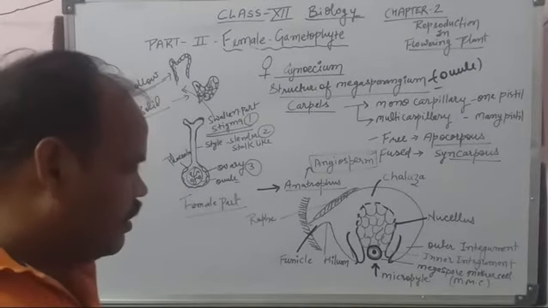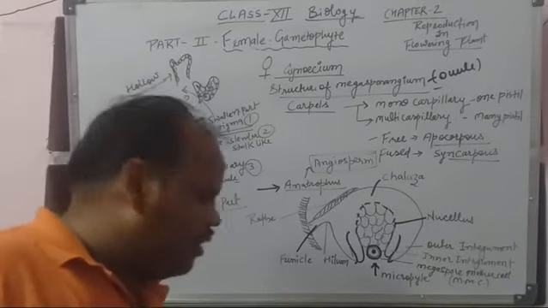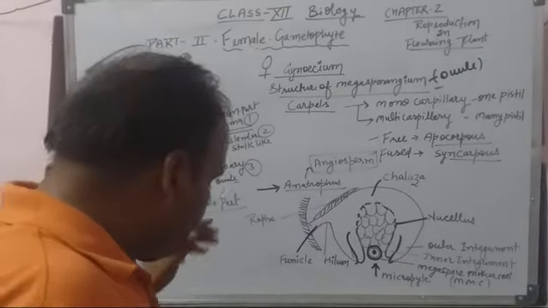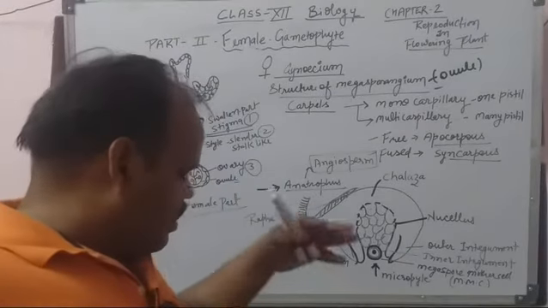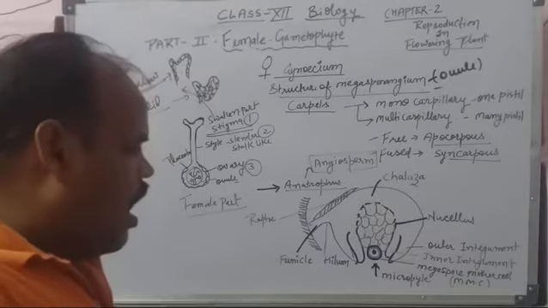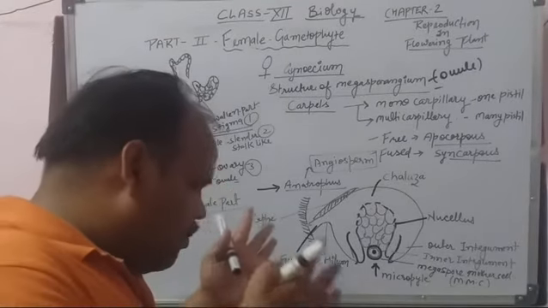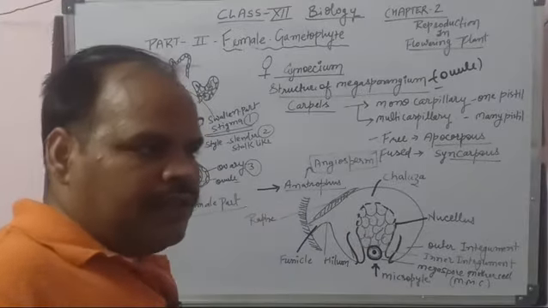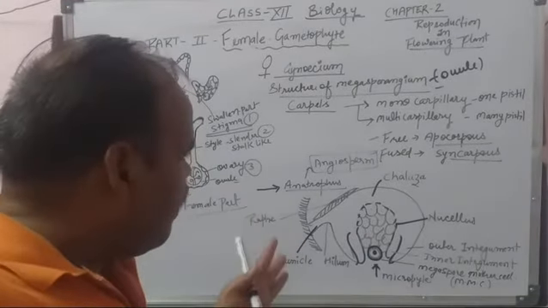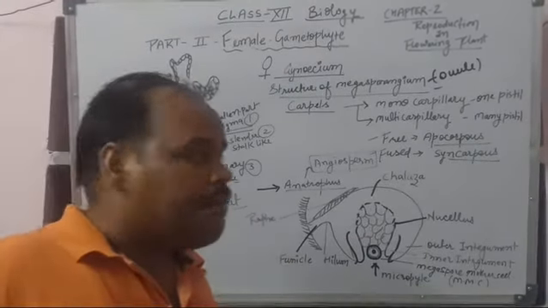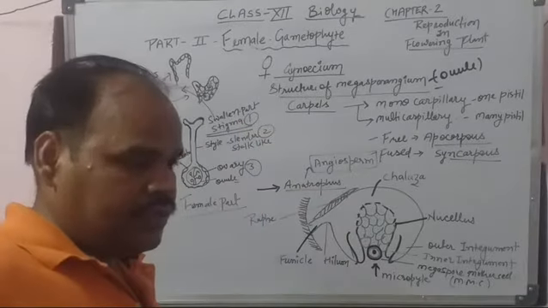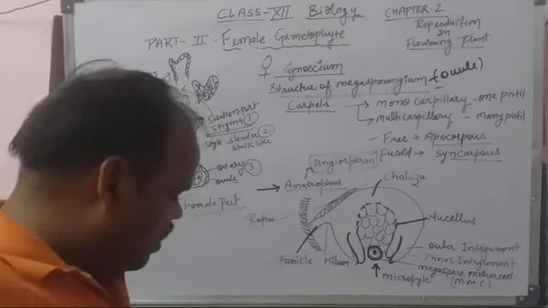So this is the structure of the ovule, and this is the formation of female gametophytes by the process of megasporogenesis.